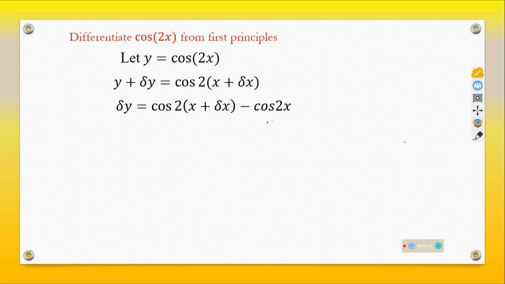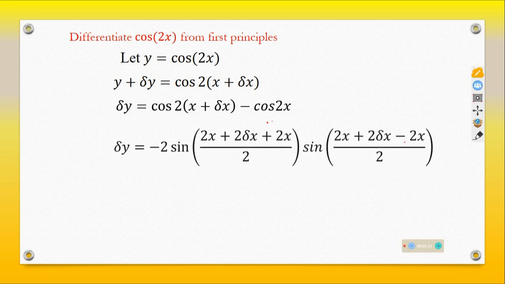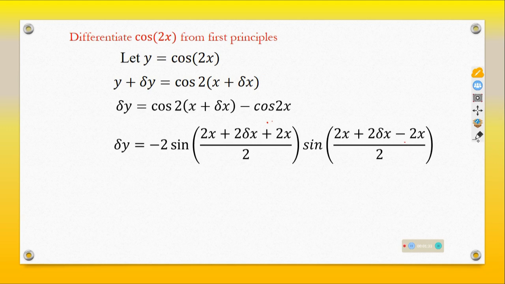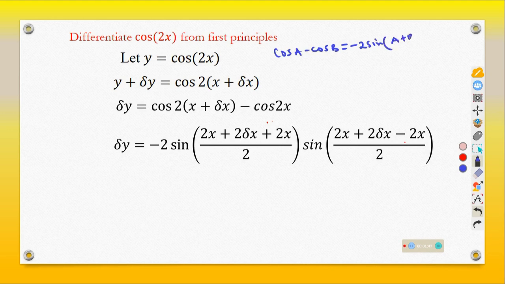If you recall very well, from there we shall be able to apply what we call the factor formula. To recall, we said the factor formula, if you are dealing with cos of A minus cos of B, it will be the same as minus 2 sine of A plus B divided by 2, then sine of A minus B divided by 2.